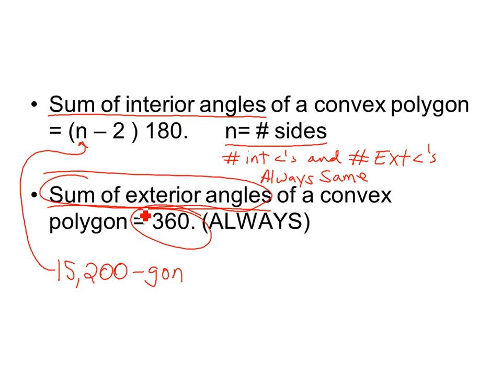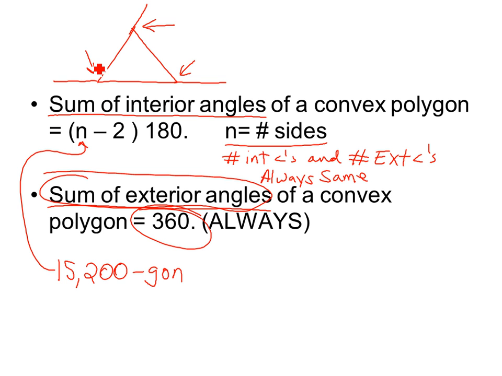So if I have a triangle, and on that triangle you've got 3 interior angles, that's an exterior angle, that's an exterior angle, that's an exterior angle. Those three exterior angles are always going to add up to be 360 degrees.